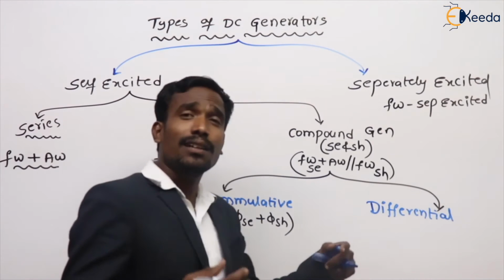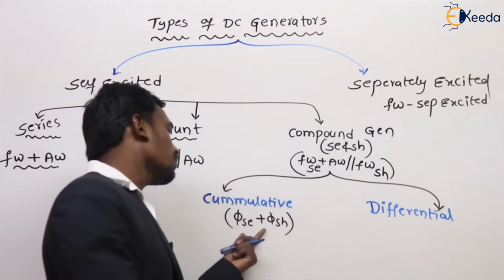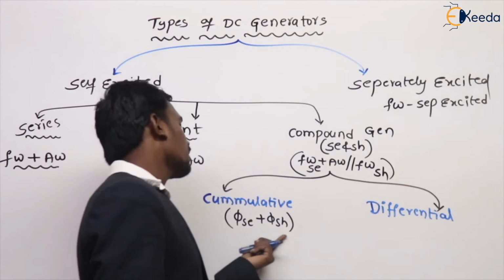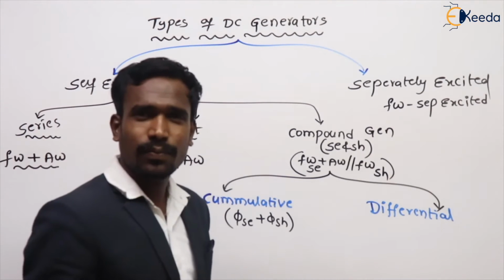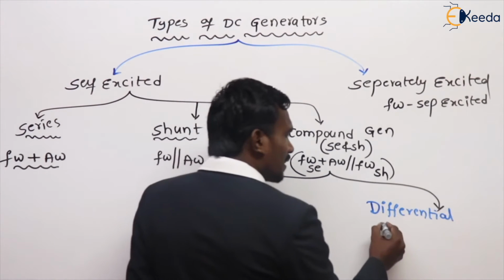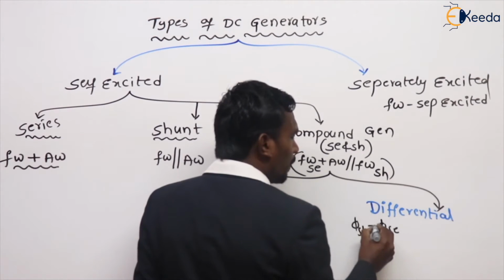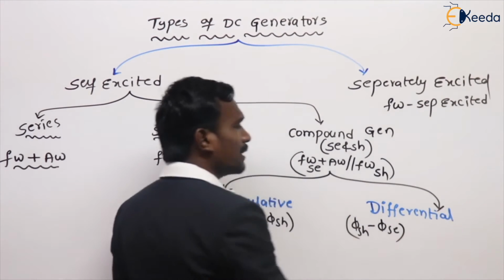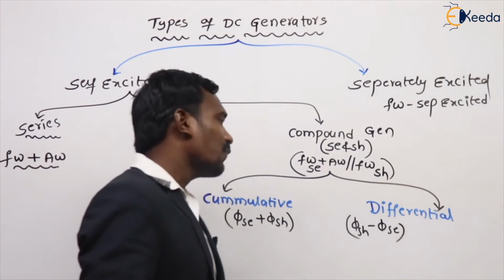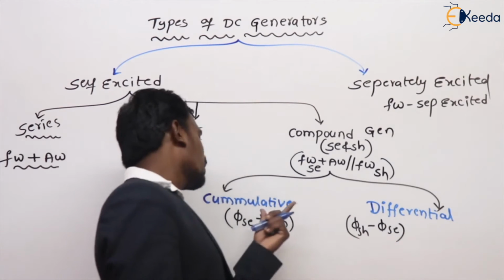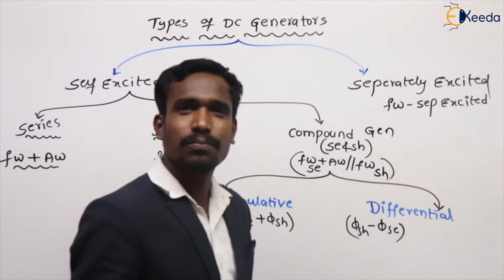Here not the windings, but the fluxes. When both fluxes are added, that is a cumulative compound generator. And here the series field flux and shunt field flux are in a subtractive manner. That is why it is differential, and the other is cumulative.